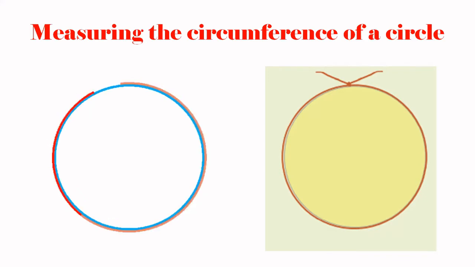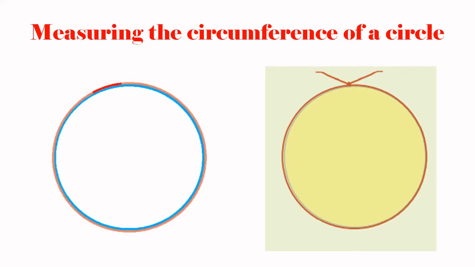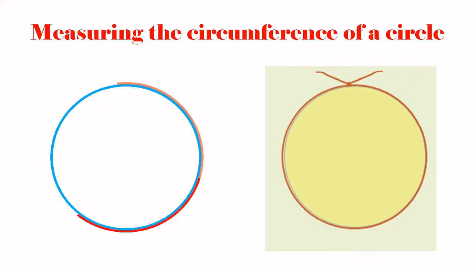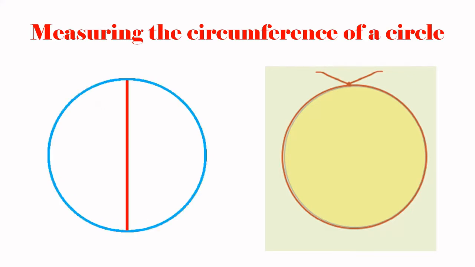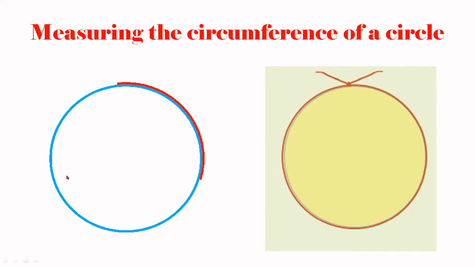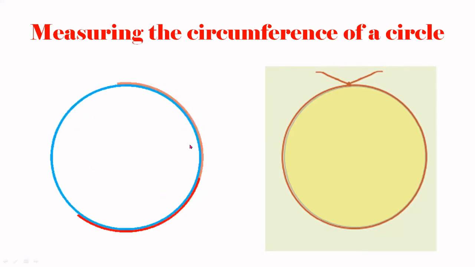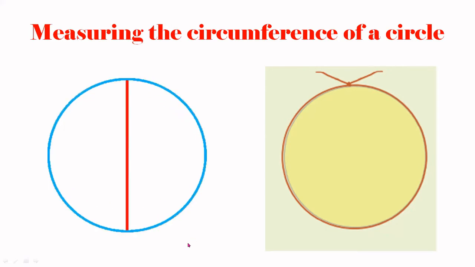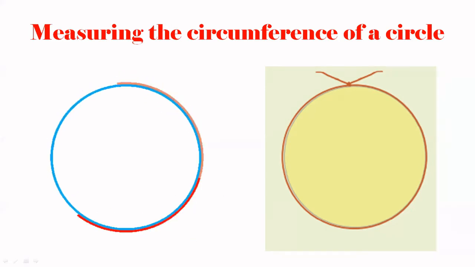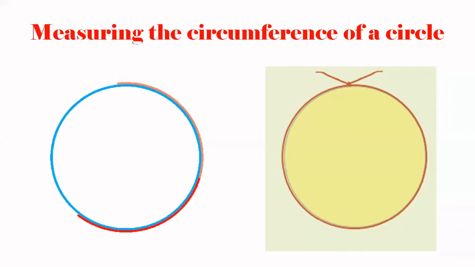Now, when we consider a circle, the perimeter we specify by a certain name. The name is circumference. Circumference means the length of this line of the circle. There's a relationship between the circumference of a circle and the diameter.